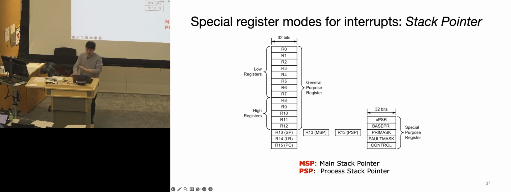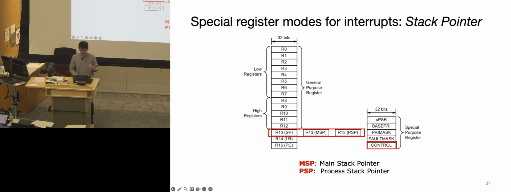Okay, cool. Just to make things a little bit more confusing, but you don't have to worry too much about this: there are actually two types of stack pointers, the main stack pointer and the process stack pointer. The main stack pointer is used by default after every reset, and it's usually used for exception handling or other privileged executions.